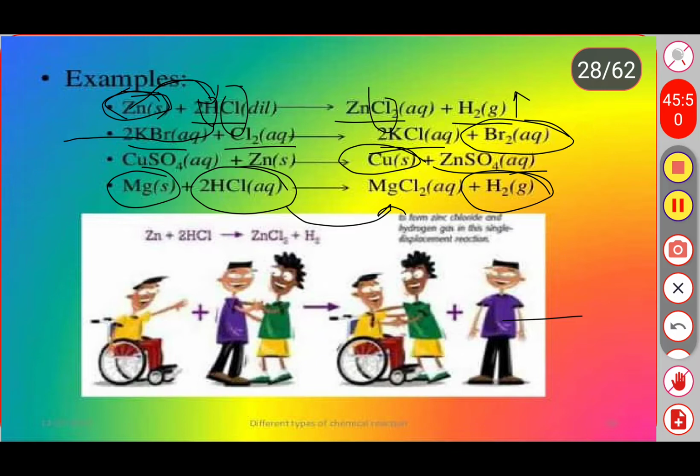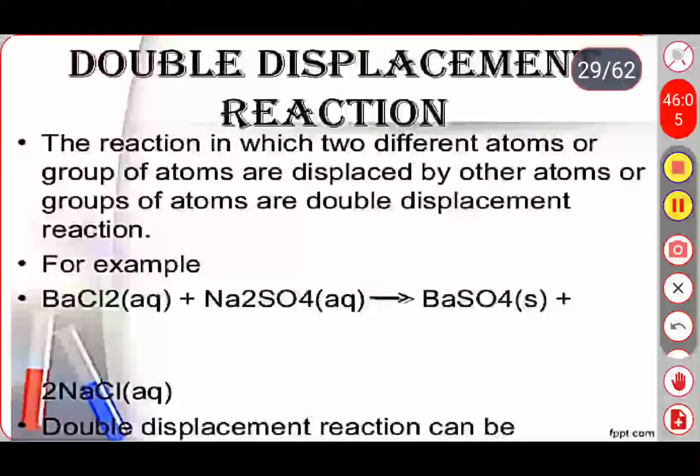Next, the next type is the double displacement reaction. What do you mean by a double displacement reaction? The reaction in which two different atoms or groups of atoms are displaced by another atom or groups of atoms is a double displacement reaction.